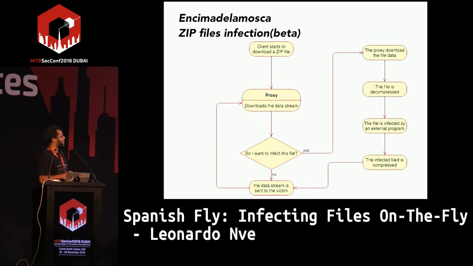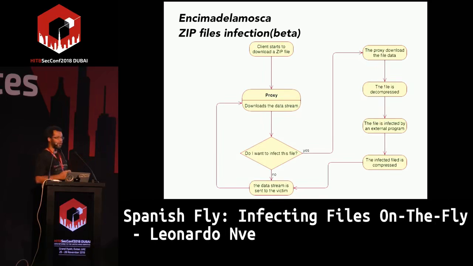The proxy downloads the data stream, sees, as I said, the local file header, and checks: do I want to infect this file? Is it, for example, a GPG file? I don't want it. If it is a DLL, it depends on how you configure that. If it's a BMP, you don't want to infect it. If you don't want to infect that file, you send the file to the client. It's on the fly, remember.